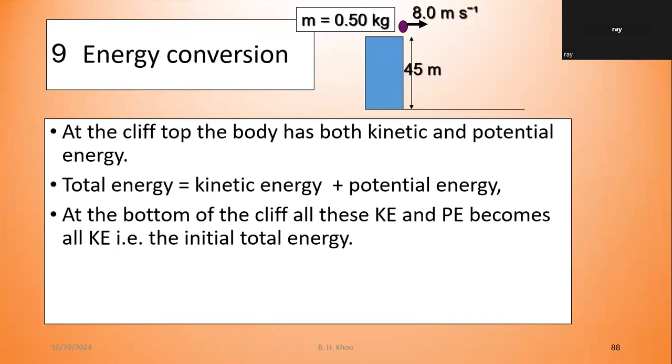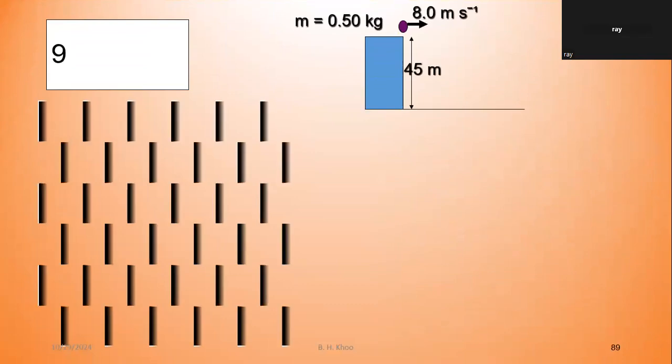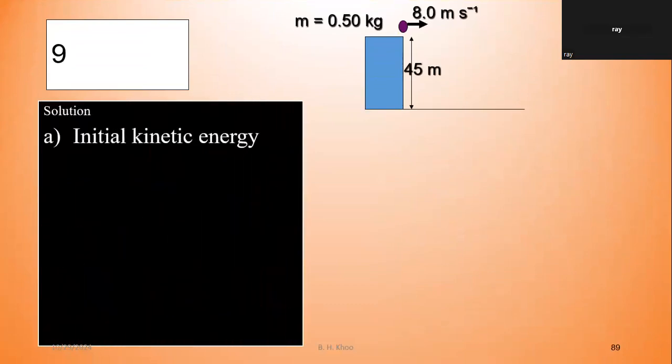At the cliff top, the body has kinetic energy and potential energy, so total energy is kinetic energy plus potential energy. At the bottom of the cliff, all the kinetic and potential energy becomes kinetic energy. That means the kinetic energy becomes the initial total energy. So initial kinetic energy is just using the formula, half mv squared.